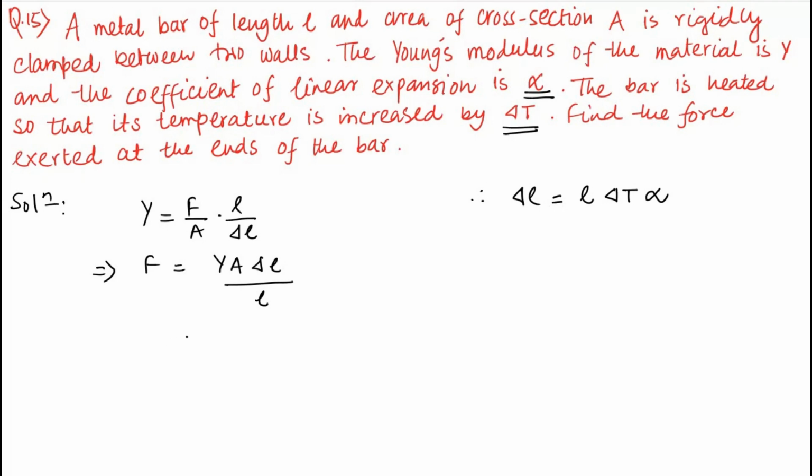Putting the value of delta L here, we get Y A into L delta T alpha divided by L. So L will cancel out, and we get Y A alpha delta T. This is the force exerted at the ends of the bar. So this is our answer.